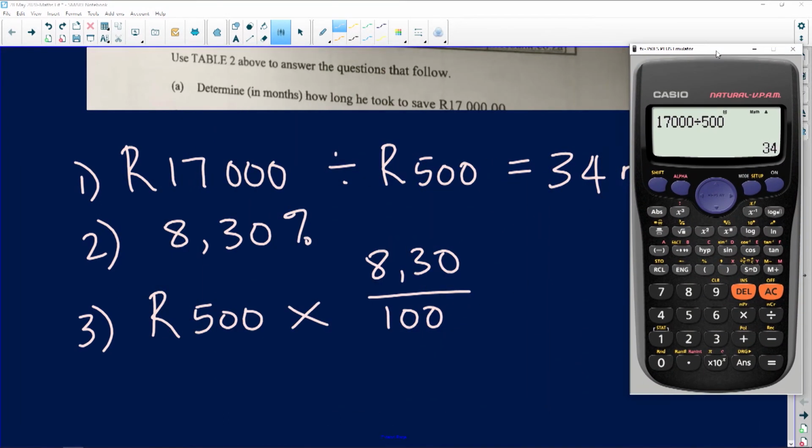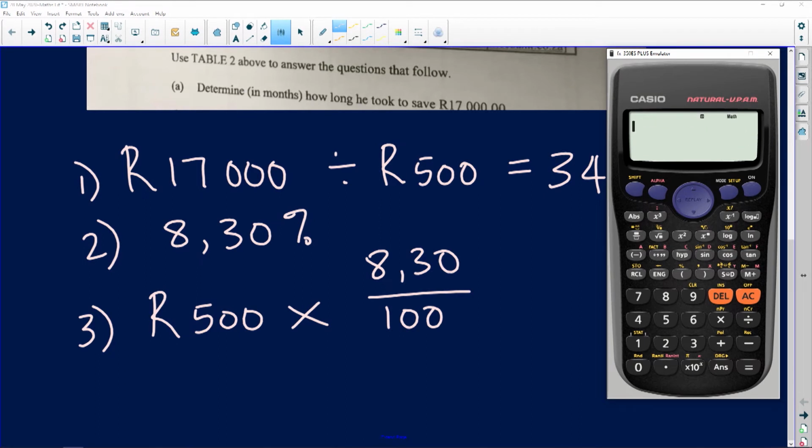So if I am going to be calculating that, it will be 500 rand times 8.30. I can put my 0, whether I put it or not won't really make a difference, over 100.